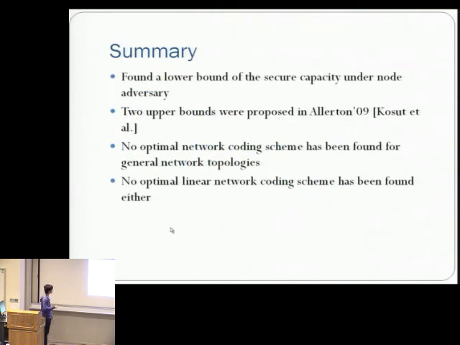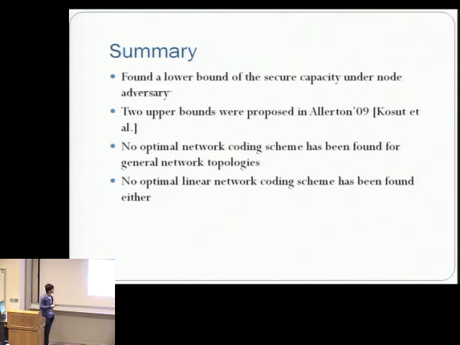So to summarize, for this work we find a lower bound of the secure capacity under no adversary, although it's not very good. In last year's Allerton, a group from Cornell found 2 upper bounds for the same case, secure capacity under no adversaries.